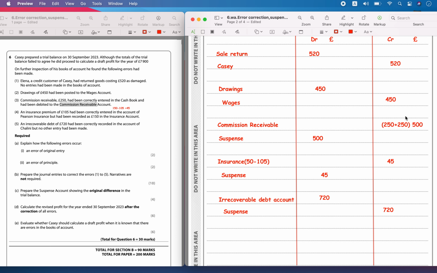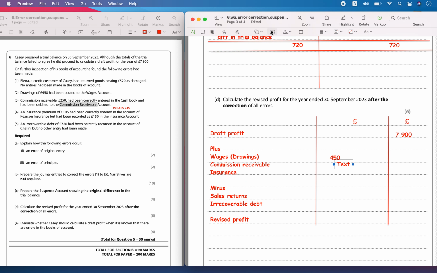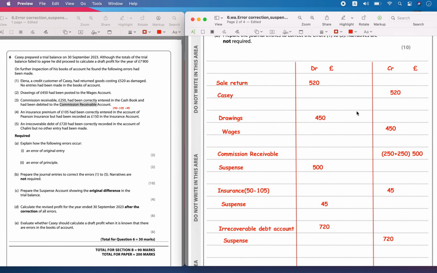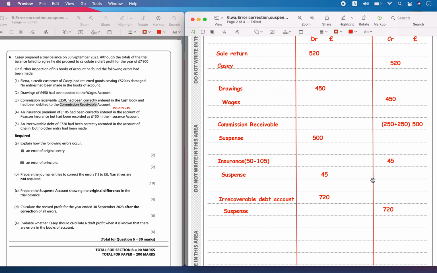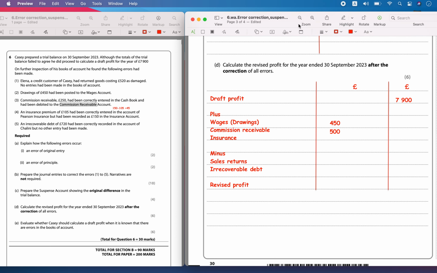Then commission receivable, it's on the credit, so it is affecting the profit by 50. It's an increase in income. And insurance, we have to reduce the insurance by 45. So that's an increase in profit, so 45.